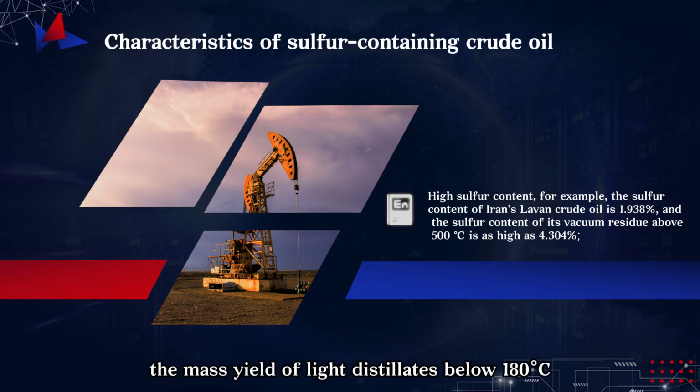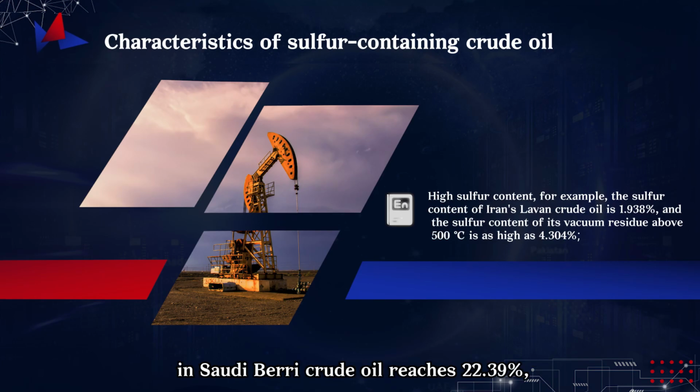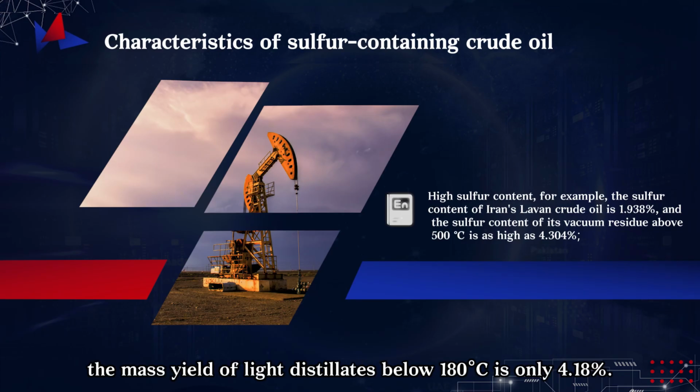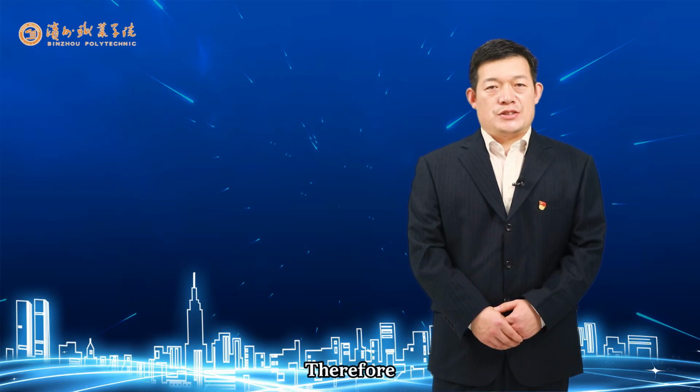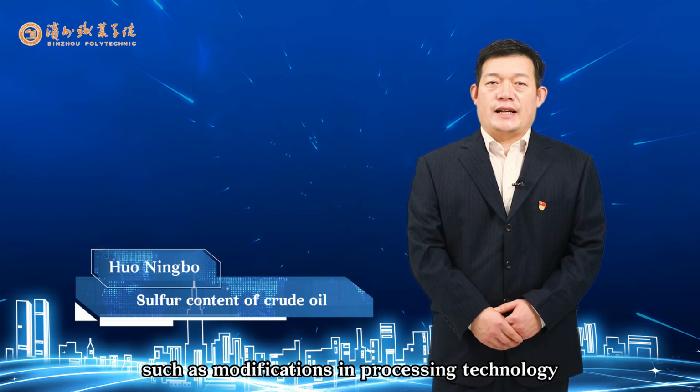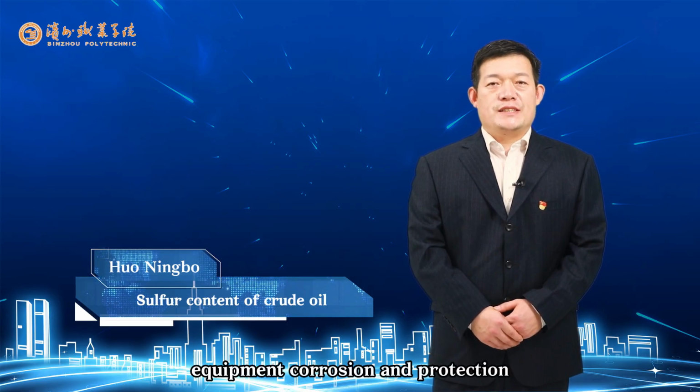For example, the mass yield of light distillate below 180 degrees Celsius in Saudi Berri crude oil reaches 22.39%, while in China's Xinli crude oil, the mass yield of light distillate below 180 degrees Celsius is only 4.18%. Therefore, processing sour crude oil brings about issues such as modifications in processing technology, equipment corrosion and protection, and environmental protection issues.